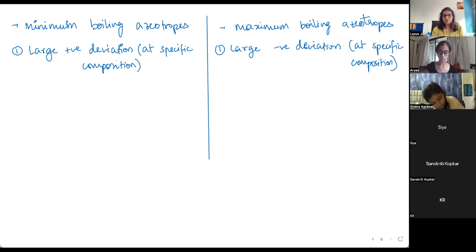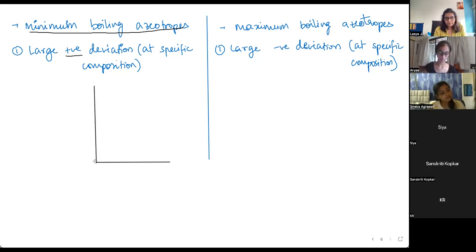Okay. So for minimum boiling azeotropes you want a large positive deviation. So how do you figure that out graphically? Positive deviation means this is how the graph looks, a large positive deviation. So let's give it a big curve.